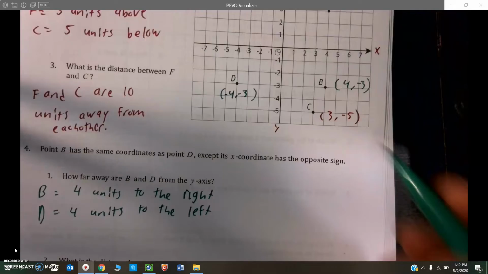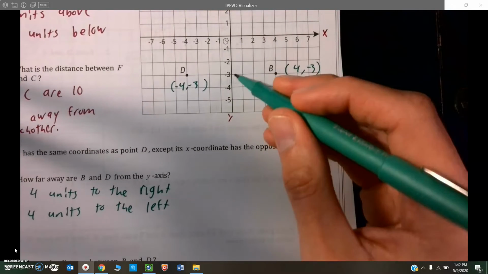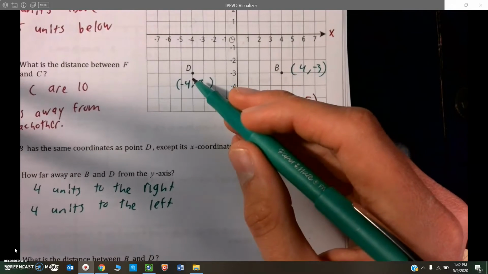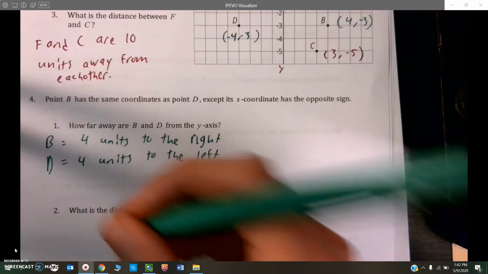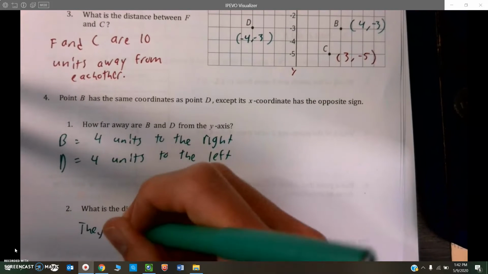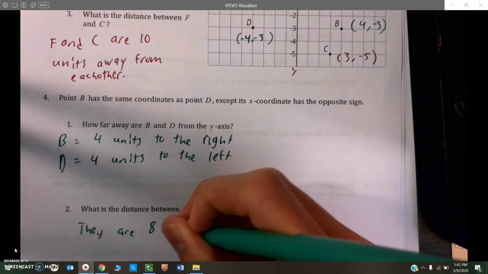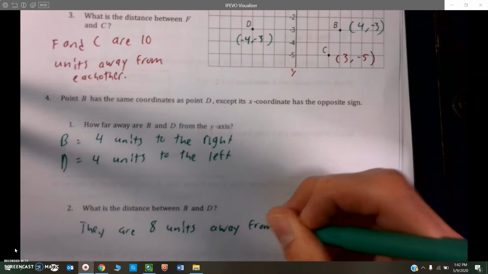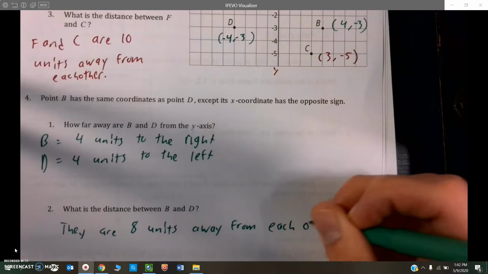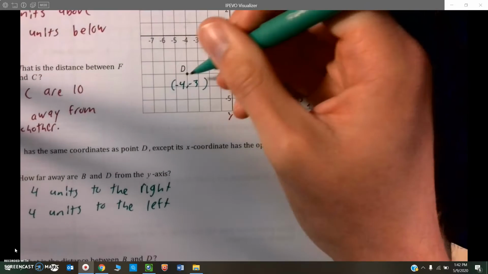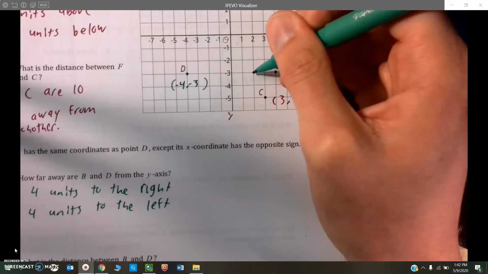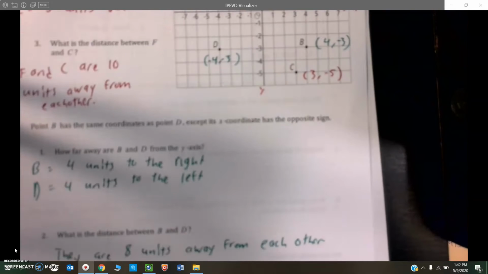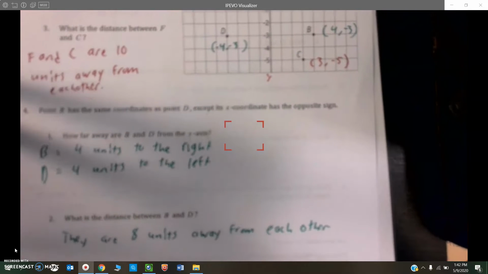And so once again, if this is 4 units to the right of 0, or of the y-axis, and this is 4 units to the left, then altogether they are 8 units away from each other. 1, 2, 3, 4, 5, 6, 7, 8 units away from each other.